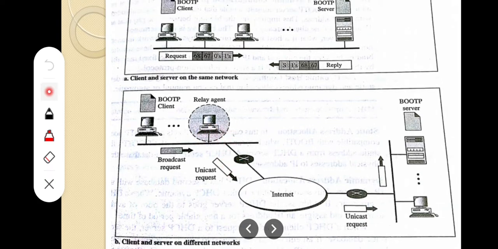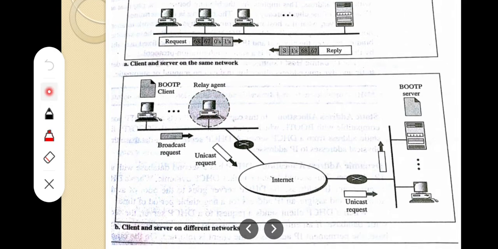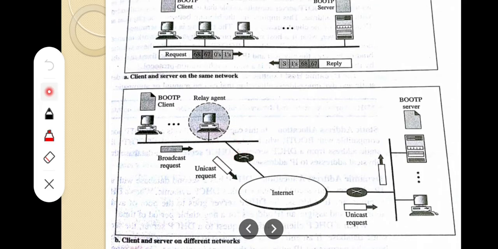What do you mean by a unicast request message? This reply agent knows the address of this Bootp server. So it will convert this broadcast request into a unicast request. Why is it converting this into a unicast request?